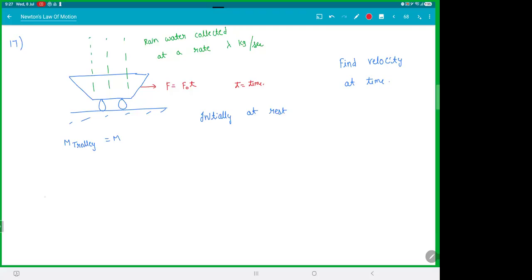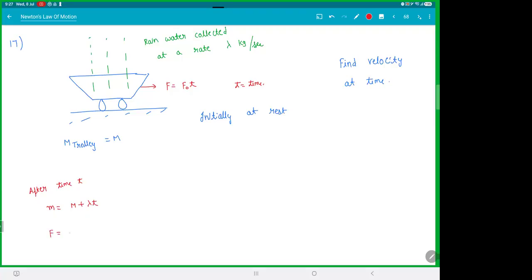I'll show you both. If you go with this equation, F is equal to m dv by dt, after time t, what will be the mass? Your mass will be M plus lambda into t, because in time t, lambda into t amount of rain has fallen into the trolley.